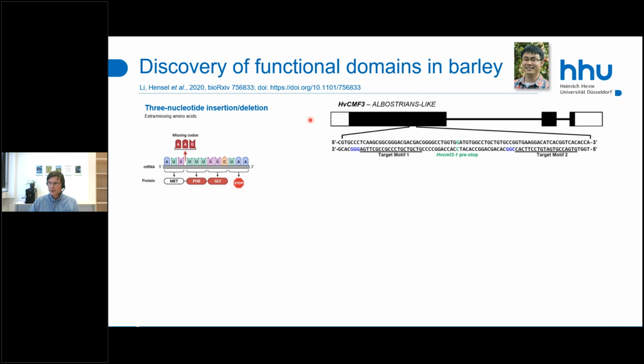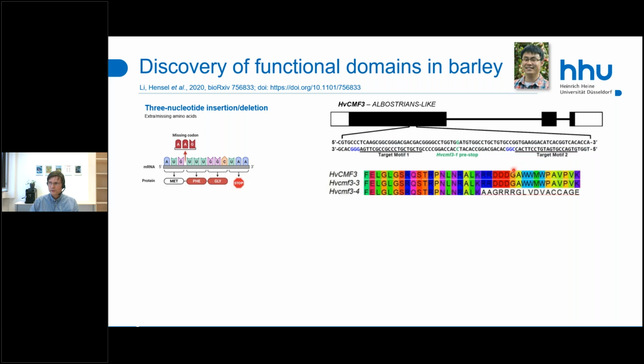Here the group of Niels Stein also had one TILLING mutant, which has a stop codon, and we also selected guides which are in close vicinity to this. If you then look at the protein sequence of some of our mutant plants, we have some which are still wild-type-like, but we also have individuals which have an altered protein sequence.